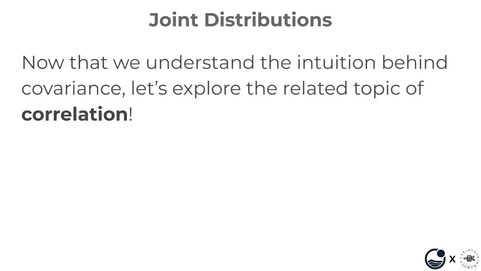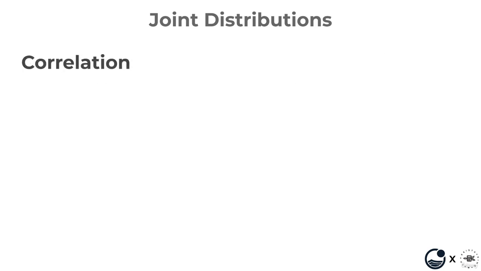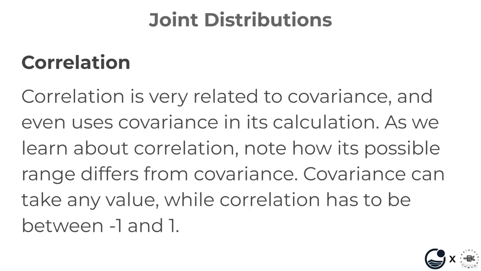So now that we understand the intuition behind covariance, let's explore the related topic of correlation. So what is correlation? Well, correlation is actually very related to covariance and even uses the formula for covariance, or the resulting covariance, in its calculation. And as we learn about correlation, note how its possible range differs from covariance.